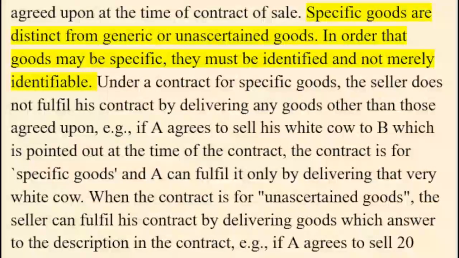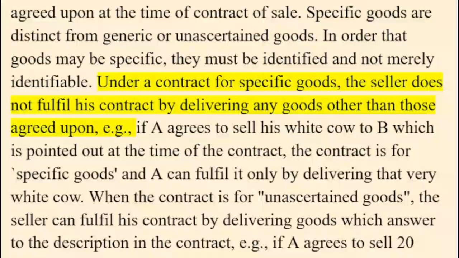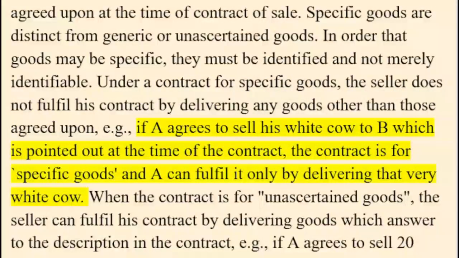In order that goods may be specific, they must be identified and not merely identifiable. Under a contract for specific goods, the seller does not fulfill his contract by delivering any goods other than those agreed upon, e.g. if he agrees to sell his white cow to B, which is pointed out at the time of the contract, it is a contract for specific goods and he can fulfill it only by delivering that very white cow.